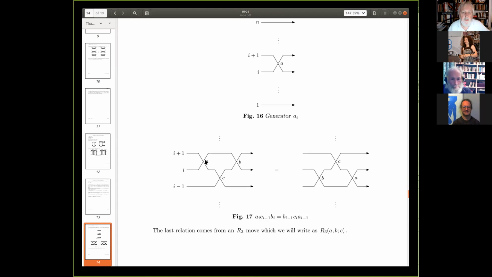And in practice, you know, B is always equal to A, or C is equal to A, or something, but you don't usually have three distinct ones. But anyway, that's the most general situation. And anyway, this comes from an R3 move, and we'll write this R3 move as R3 AB; C. So C occupies a sort of middle position. It always stays in the middle, and A and B swap round about C in this move. So that's why there's a semicolon there.